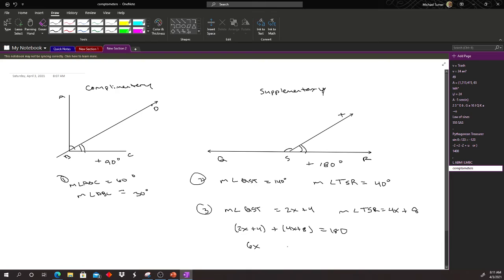Combining like terms, 2x plus 4x is 6x, and 4 plus 8 is 12.